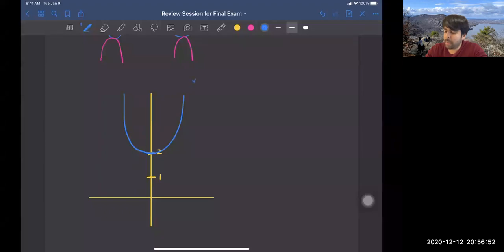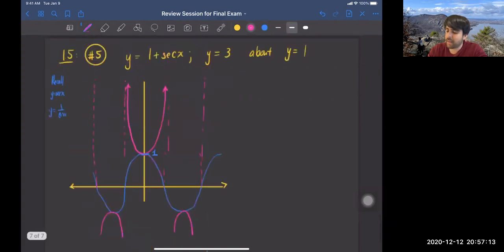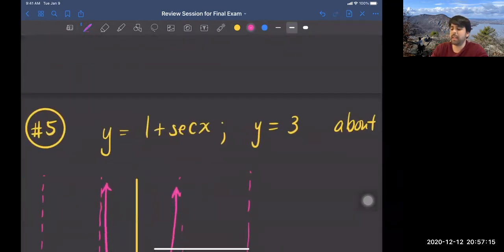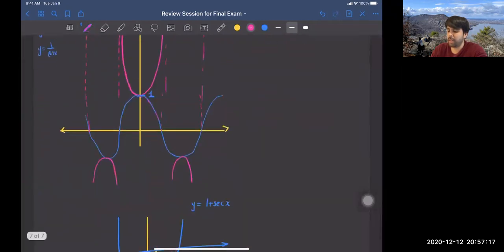This is a piece of 1 plus secant of x. And then I'm going to evaluate that across. Then I have 3 here. 3 is coming across. And this becomes my region because I'm bounded between 1 plus secant of x and y equals 3.